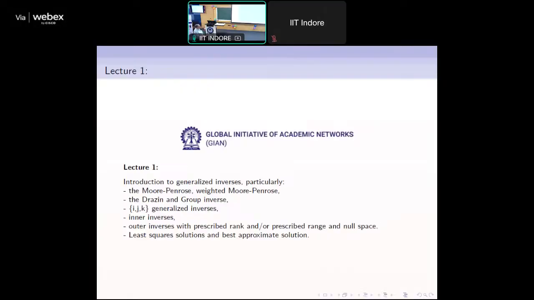Also, we will present some minimization properties of generalized inverses, such as least squares solutions and best approximate solution. Such minimization properties of generalized inverses will be the connection between generalized inverse theory and optimization.